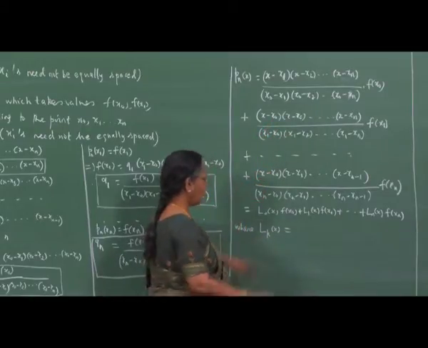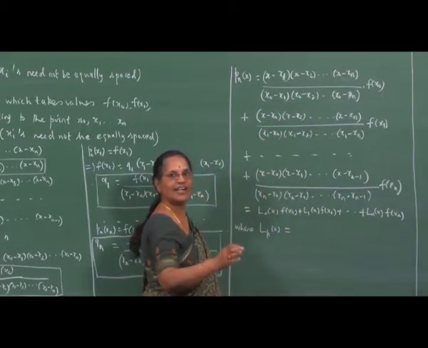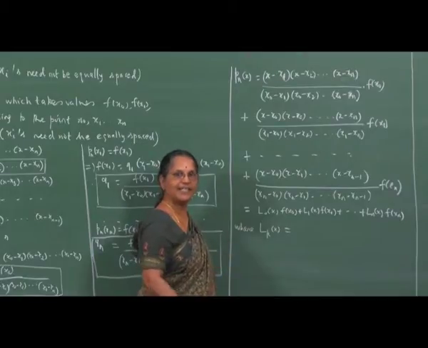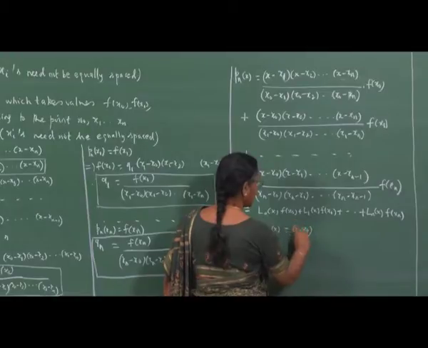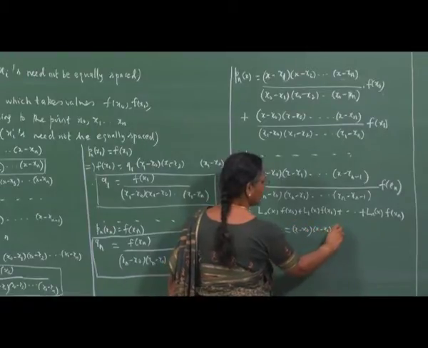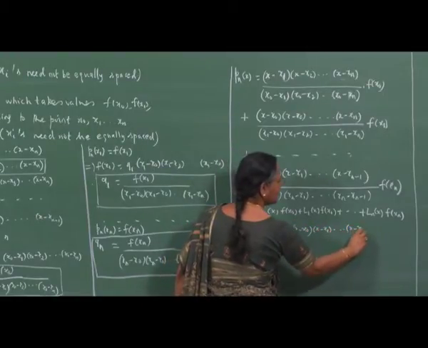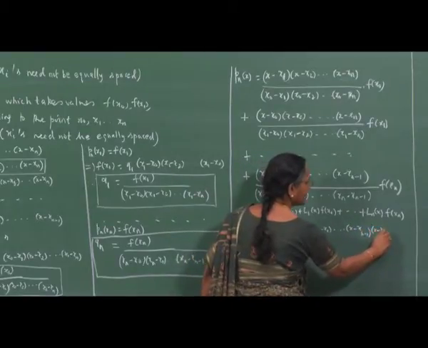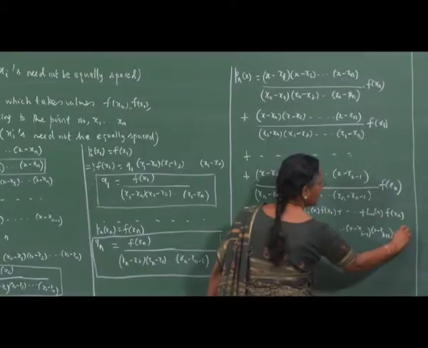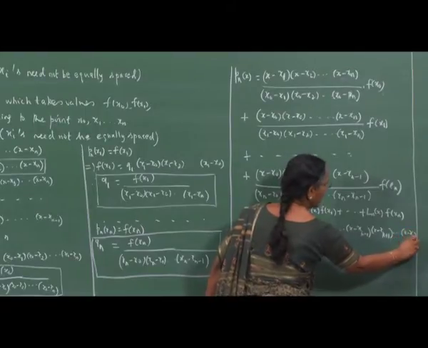So, L k of x will not have the factor x minus x k in it in the numerator. So, it will have x minus x naught into x minus x 1 etc. x minus x k minus 1 into x minus x k plus 1 etc. up to x minus x n.